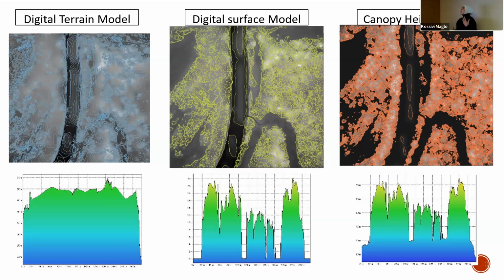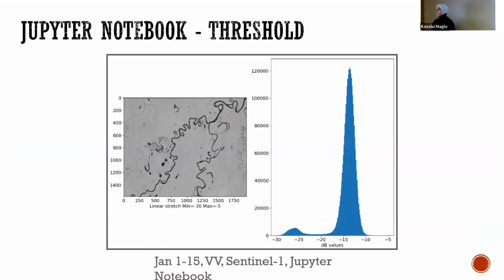However, the DSM model provides a more comprehensive representation of the Earth's surface, both the natural and the man-made features, and the canopy is the difference between the digital terrain and the digital surface model. That's why we did the contour layers in QGIS, and you can see the difference in elevation between the three models.